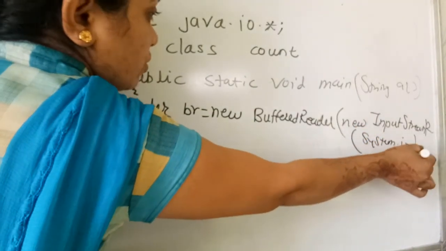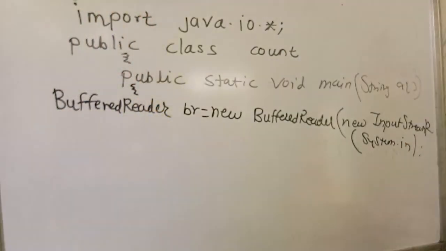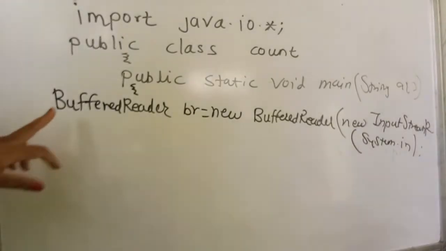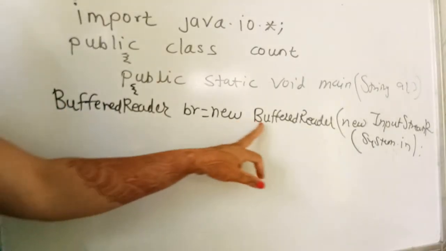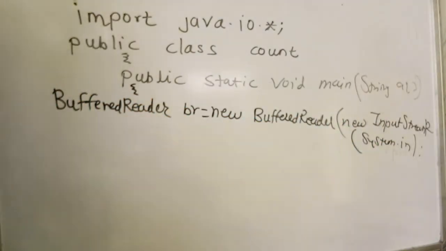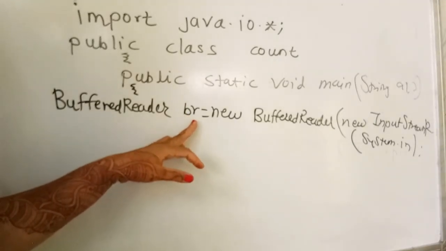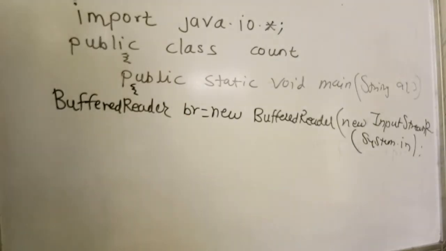This is the standard syntax of using the BufferedReader class. Again: BufferedReader br = new BufferedReader(new InputStreamReader(System.in)). So we have created the object of the BufferedReader, and this is the parallel mechanism to scanf of other languages. Now we have to ask the user for the number of objects.